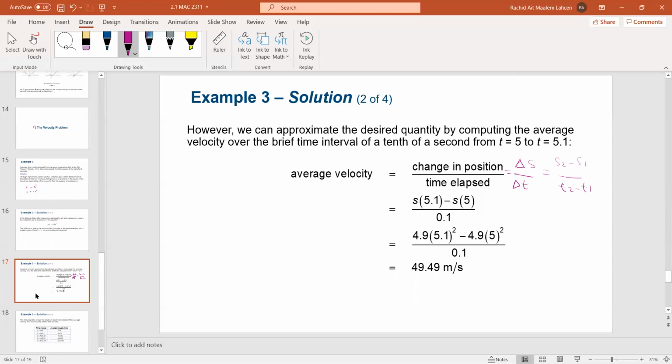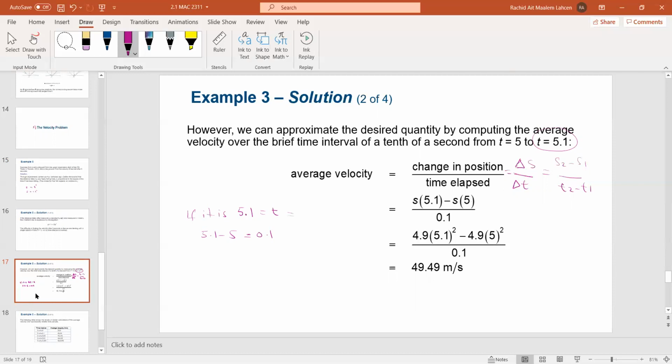So we'll say, okay, if it's 5.1, we stay close. We know the goal is 5. If it is 5.1, then of course 5.1 minus 5 gives you 0.1, and this is the time.